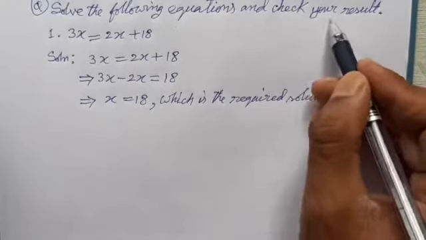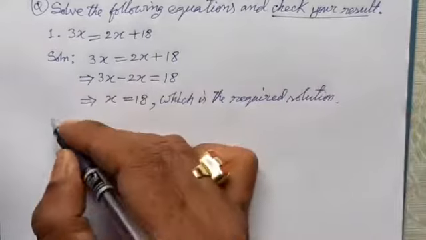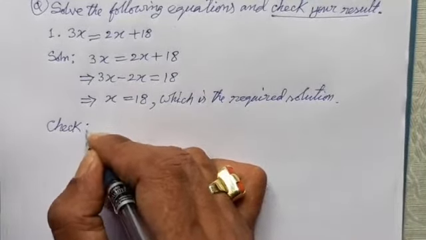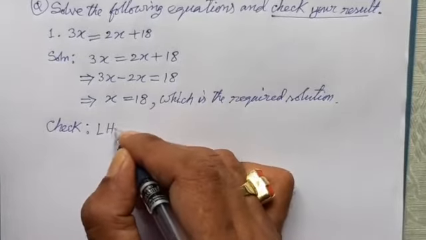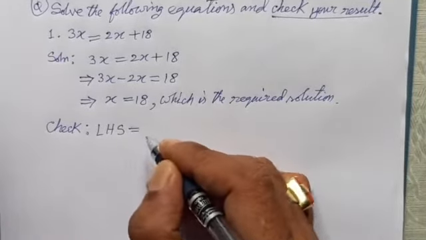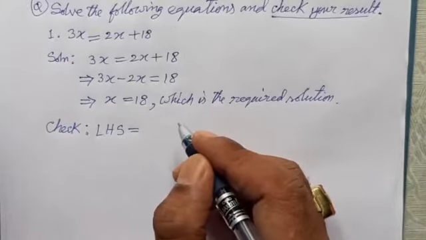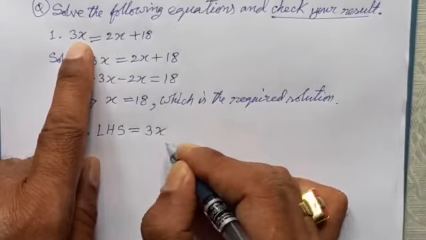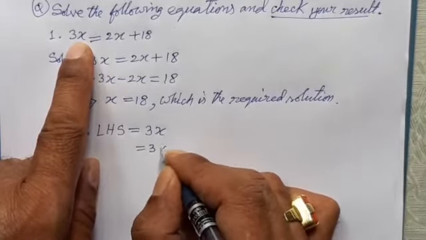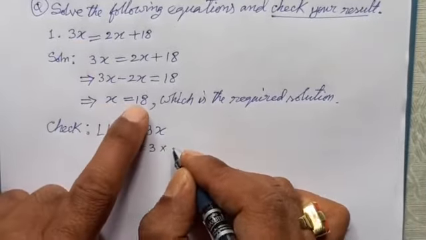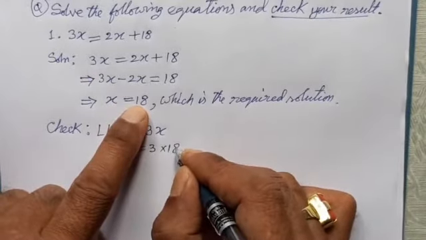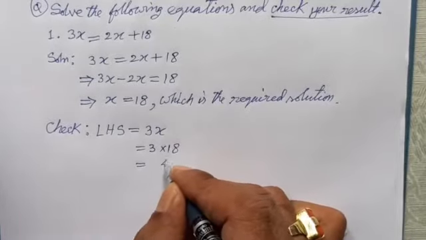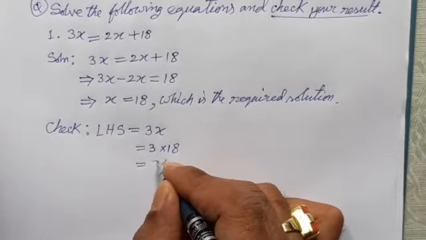Now the question says that check your result. Now checking. Now left hand side. Left hand side is 3x is equal to 3 into, if we are putting x value 18, then 3 into 18. 3 into 18 is 54.